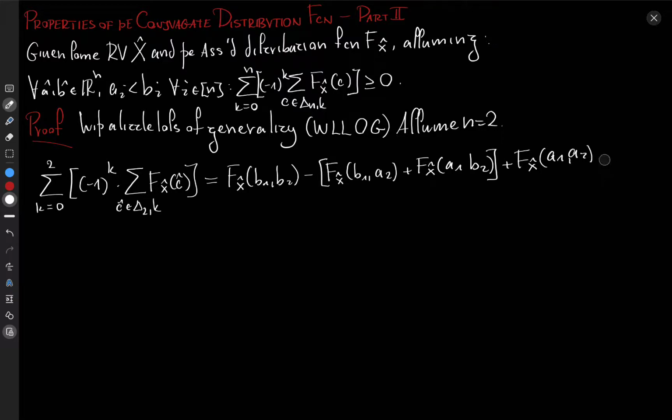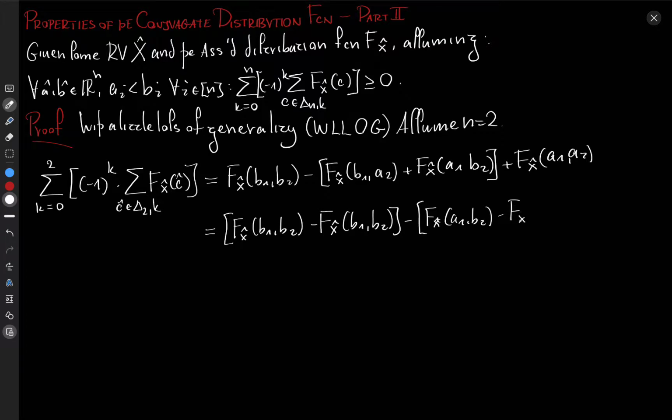Right, now, but we can transform this, we can do better than this. So we understand this is equal, by shifting things around a bit, to the distribution function Fx of the random vector (b1, b2), minus Fx of (b1, a2), minus Fx of (a1, b2), plus Fx of (a1, a2).